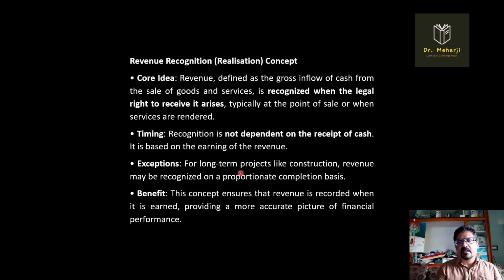But it has an exemption in case of big projects, long term contracts like constructions. In that case, revenues may be recognized on a proportionate completion basis. In long-term contracts, completion may take 5 to 10 years. In that case, how to write the transaction when that legal right arises to receive cash? That is based on the completion.